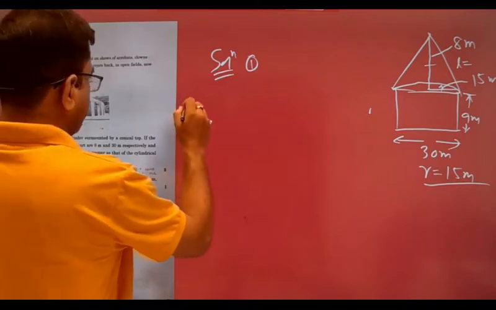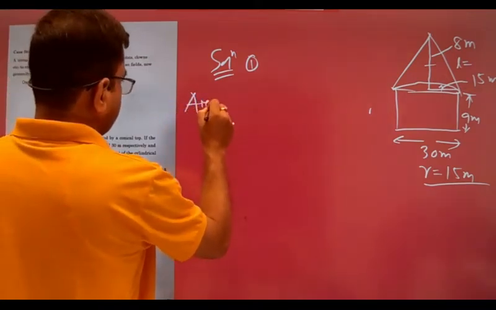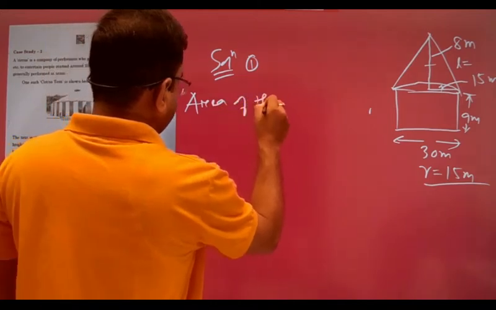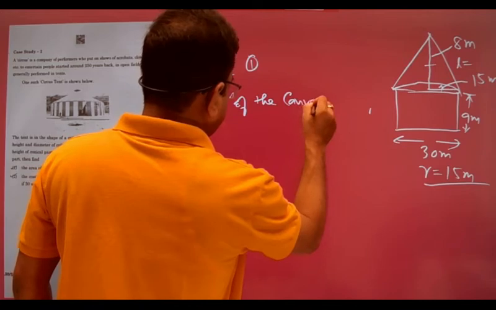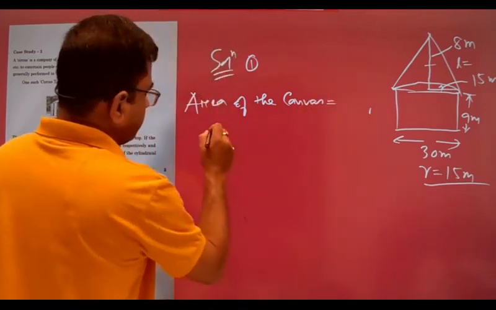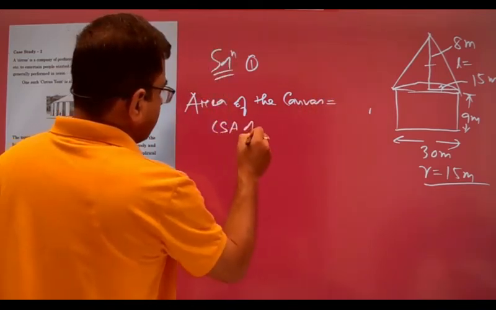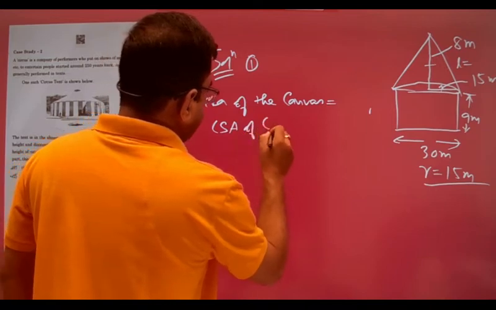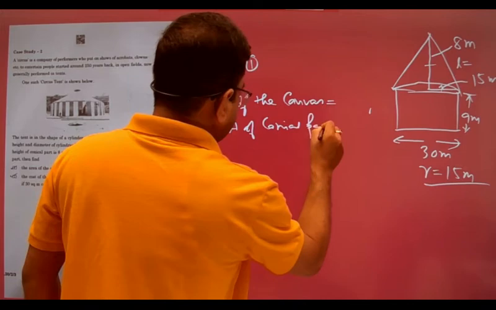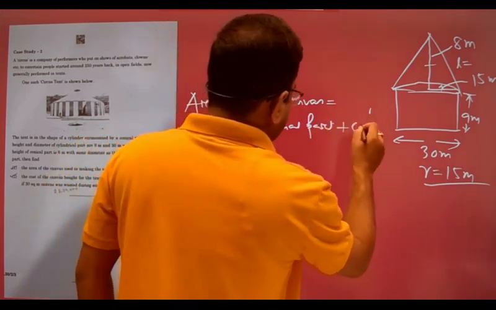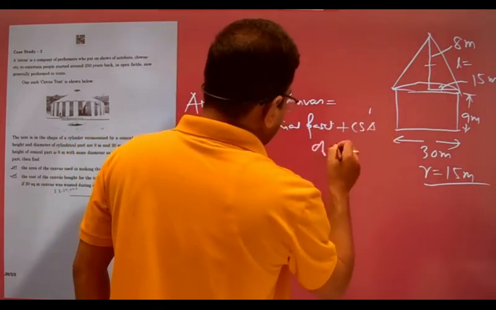So here, you need to find out the area of the canvas. This is equal to the curved surface area of the conical part plus the curved surface area of the cylindrical part.